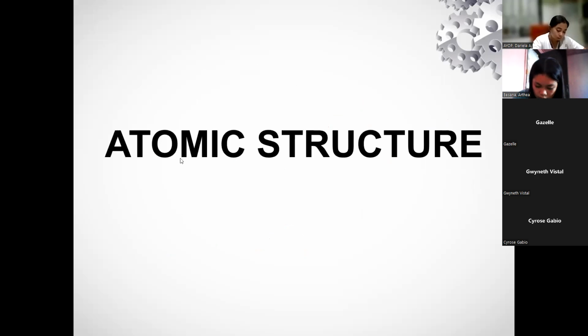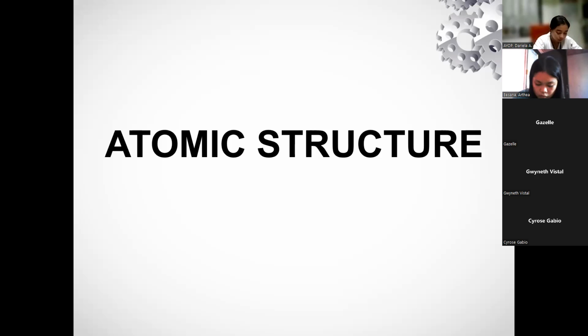Okay? Now let's talk about the atomic structure. Do not forget, chemistry is the study of matter. Matter is anything that occupies space and has mass. Now, the basic unit of matter is called the atom. Okay? Again, basic unit of matter. Yan yung ating atom.